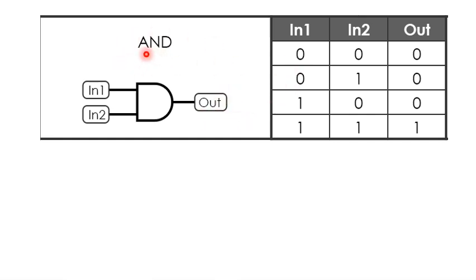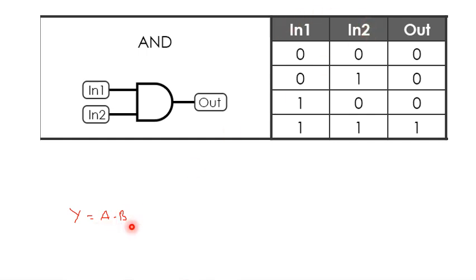See, the Boolean algebra of the AND gate: y is equal to A dot B. This is A and this is B, input 1 and input 2.